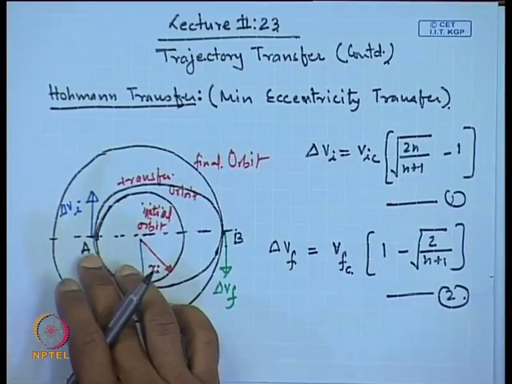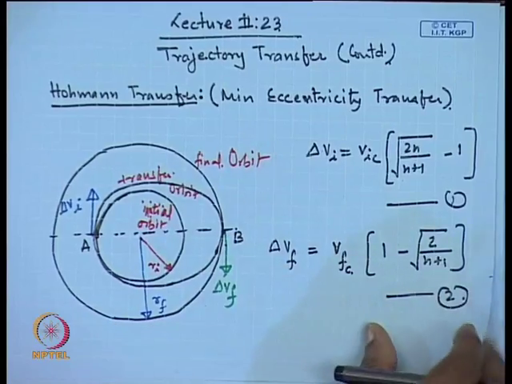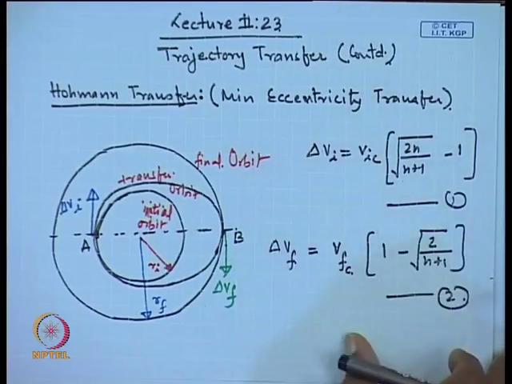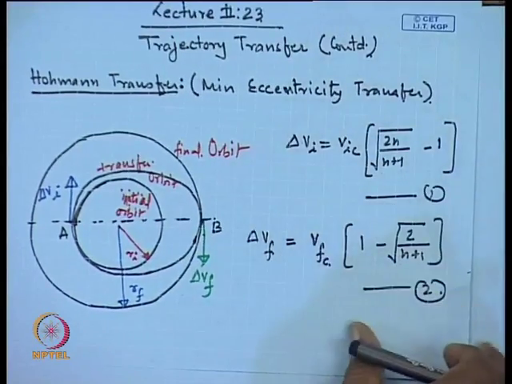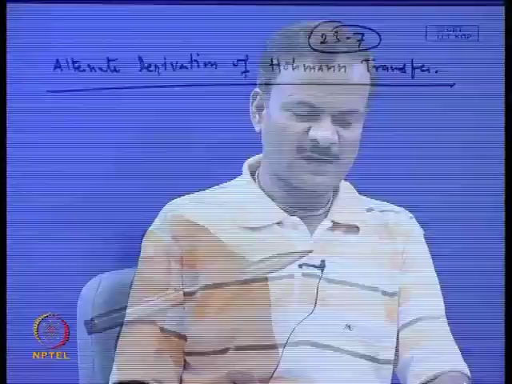The satellite is here at A and this is to be put in B. The procedure is the same and we get exactly the same equations 1 and 2 through this alternative route also. In fact, the alternative route we are taking is just a compressed form of the energy equation that we have used. So, we go into this right now.